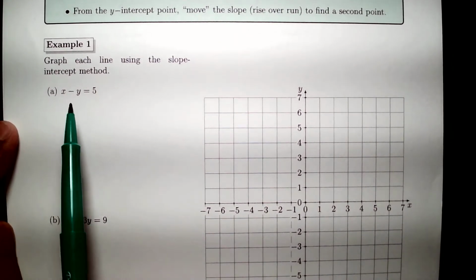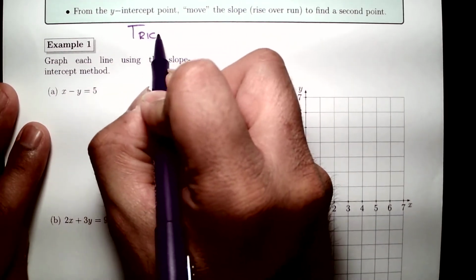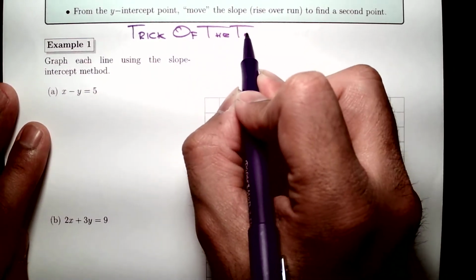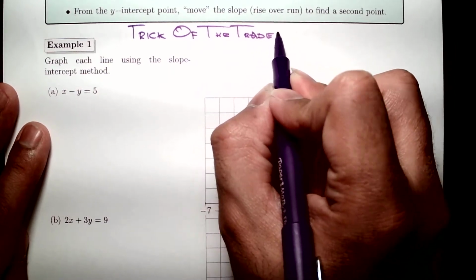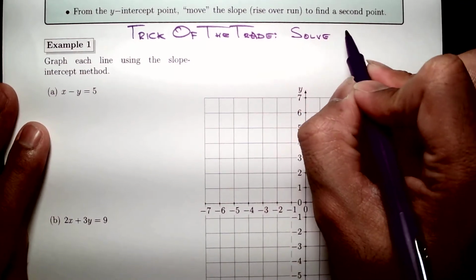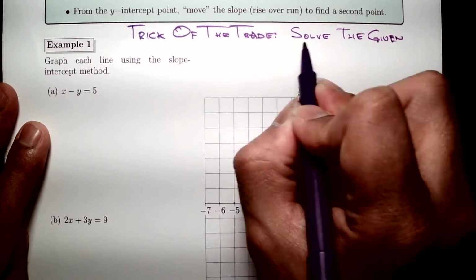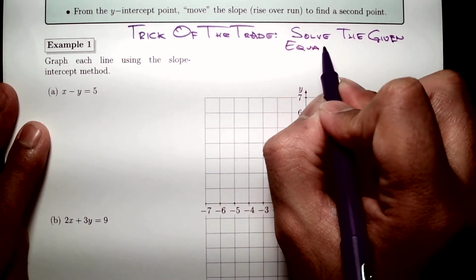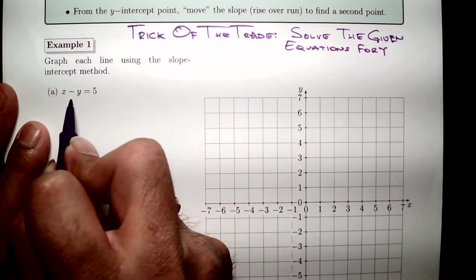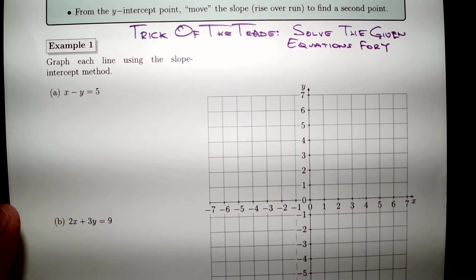Be sure to solve the given equations for y. For letter A, the equation isn't solved for y, so that's what we do first.